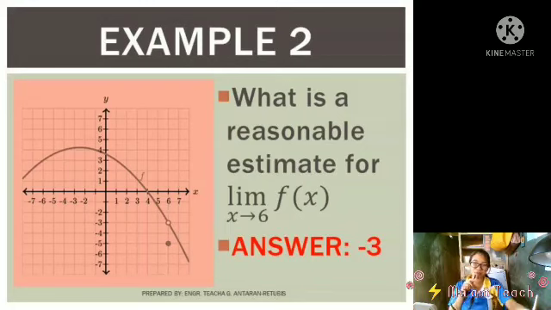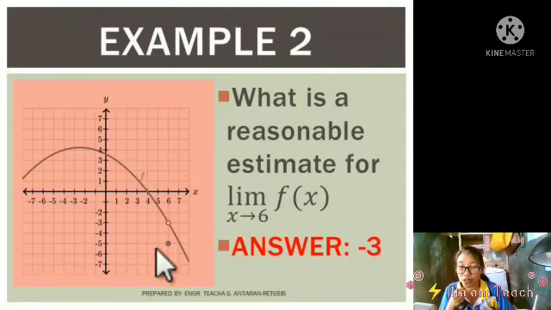Now, let's have another example. How do you read this? What is a reasonable estimate for the limit of the function f as x approaches 6? We are given the graph, so it's easy for us to determine the limit. There's also a hollow here. Where is 6? This is our positive 6.